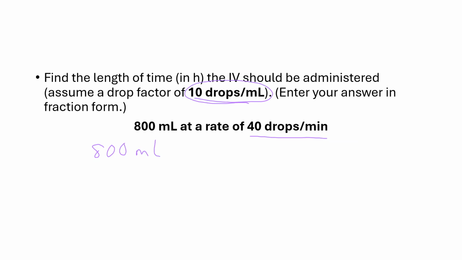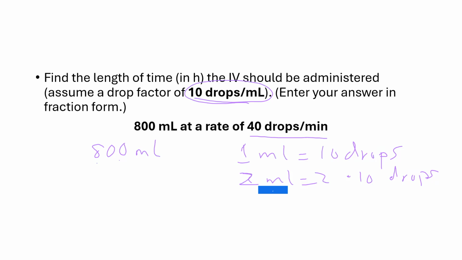So if you want to know the number of drops you're going to get from 800 ml, remember 1 ml gives you 10 drops, which means 2 ml will give you 2 times 10, which is 20 drops. So if you have 800 ml, you multiply 800 by 10 drops, which gives you 8,000 drops.